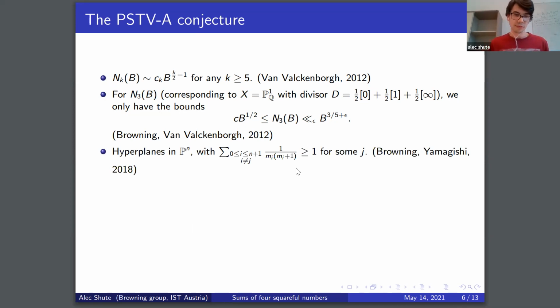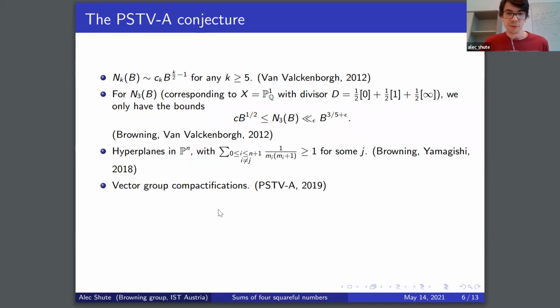In a slightly more general setup, Browning and Yamagishi considered hyperplanes in P^n, where now not all of the m_i are 2, so this corresponds to looking at m_i-powerful values of things. And they just have this condition that n is essentially sufficiently large in terms of the m_i.